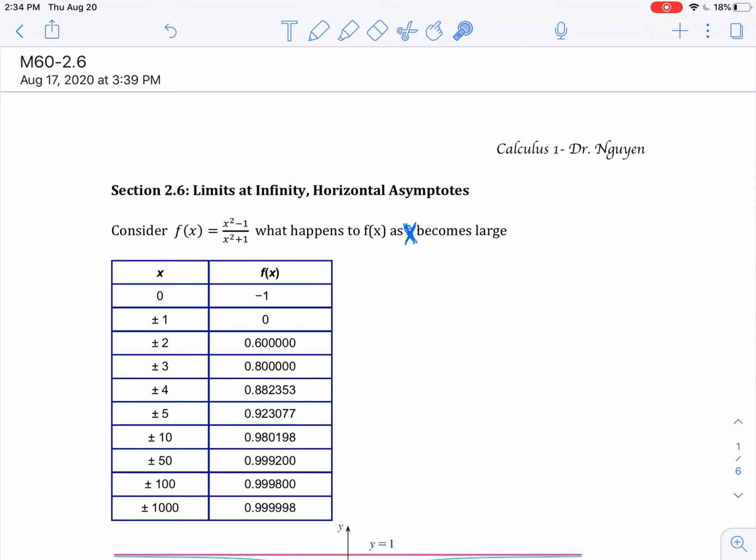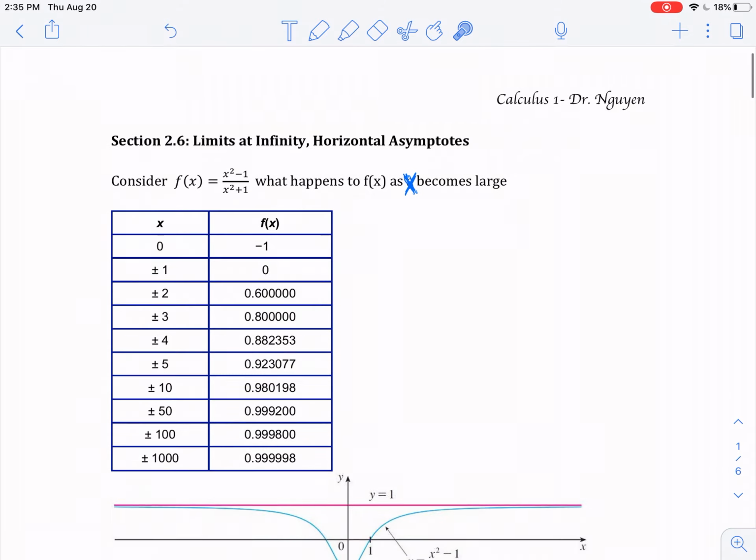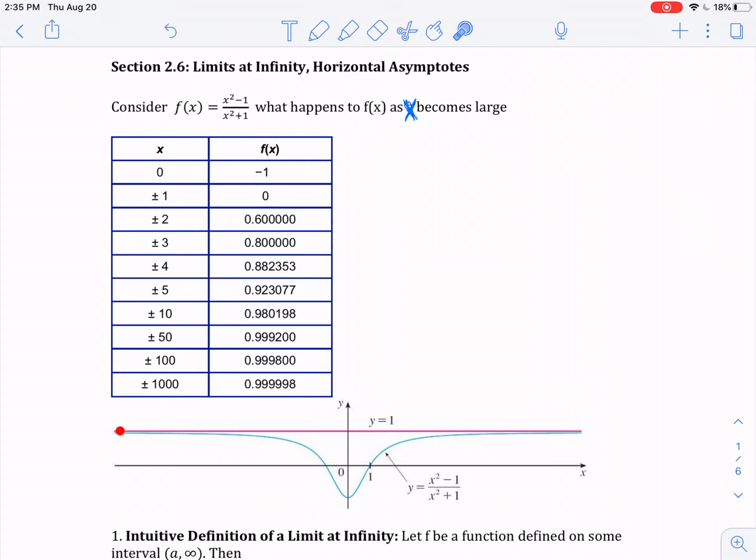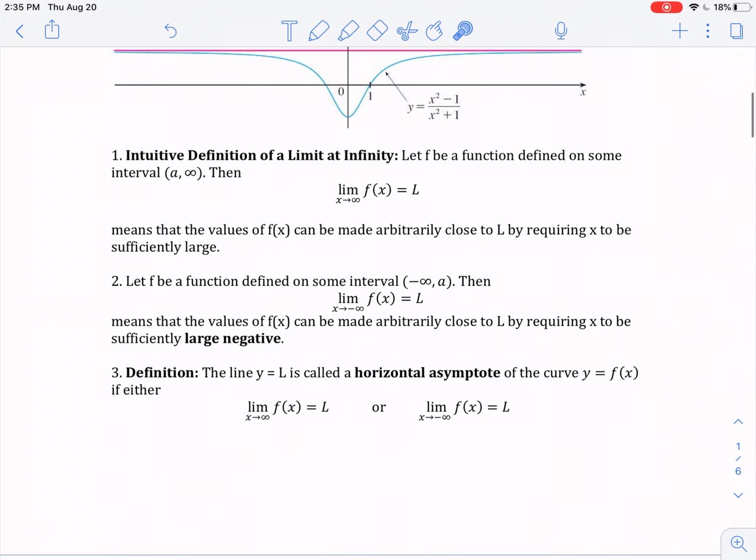So what happens to the function when x becomes large, positive or negative? You see f of x go from -1, to 0, and then 0.6, and then approaching 1. So you see right here, this line right here, that's what we call a horizontal asymptote. And then we have the definition down here.